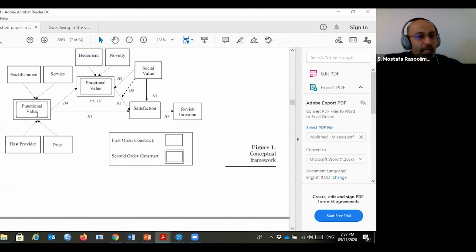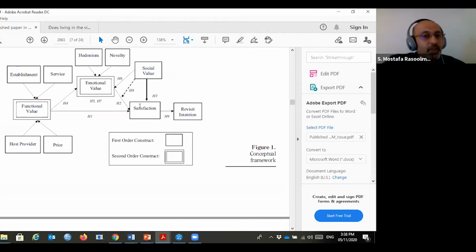So we have the effect of functional value, emotional value, and social value on satisfaction and revisit intention, right? And social value, in addition to being an antecedent or independent variable, is a moderator for the effect of emotional value on satisfaction. So social value plays two roles.